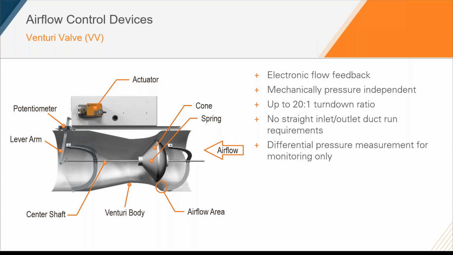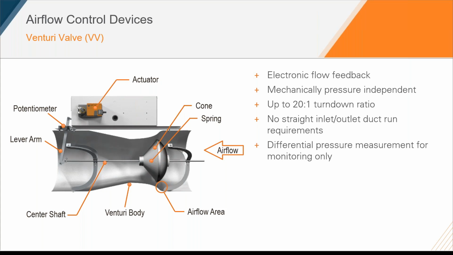So whenever we expect there to be a change in pressure, we expect the cone spring to make that reaction for us. And whenever there's a requirement to change the airflow set point, we'd expect the actuator to adjust the lever arm position, and we rely on the potentiometer to determine the airflow going through the valve.